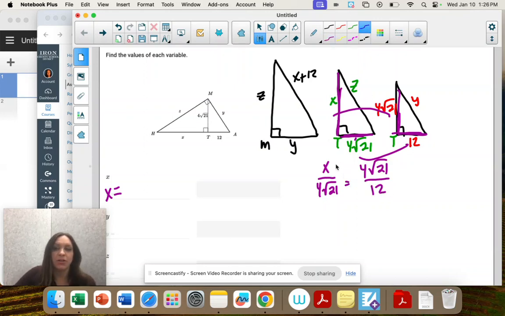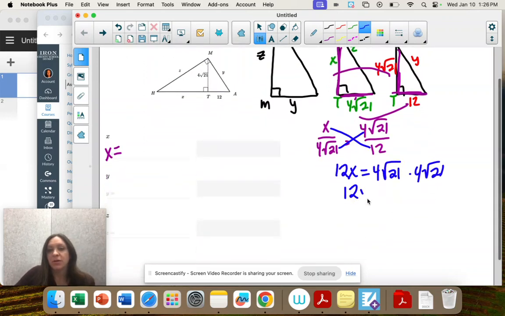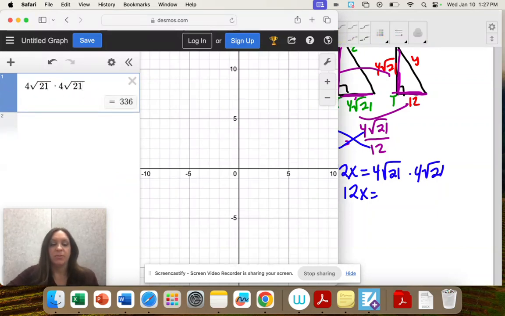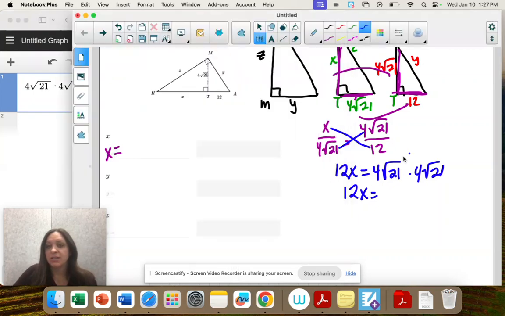Okay, we're set up. We're going to cross multiply. 12 times x equals 4 square root of 21 times 4 square root of 21. And remember, when we multiply square roots together, they go away, right? So we have 4 square root of 21 times 4 square root of 21, which is 336.